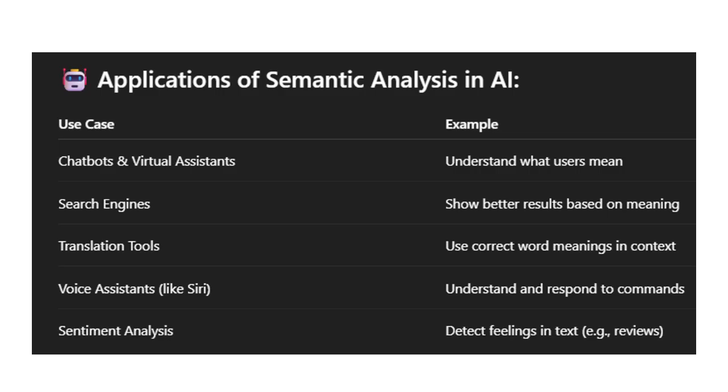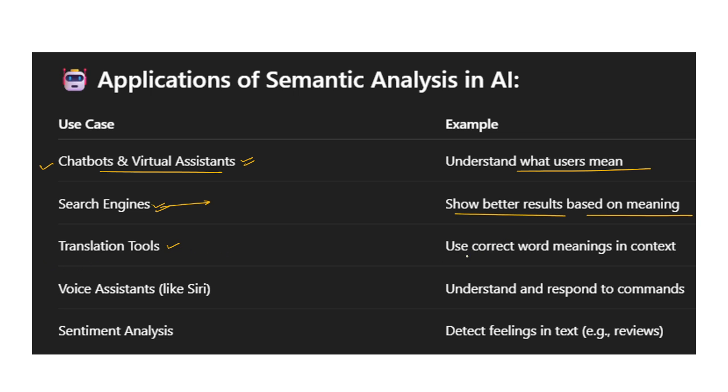Now let's talk about applications of semantic analysis. So here we have first use cases chatbots and virtual assistants. It understands what users mean. We all use chatbots these days, so I hope there is no need to elaborate all these points, right? Another we have is search engines, it shows better results based on the meaning of the words that you have written over there.